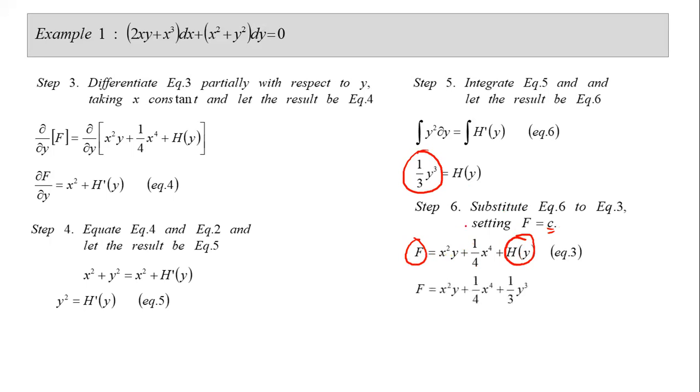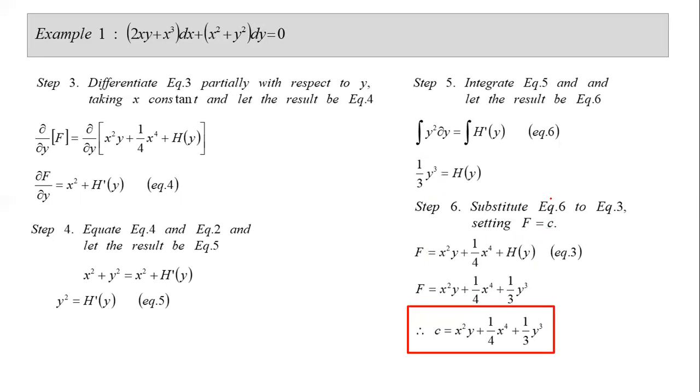So we have c is equal to x squared y plus 1/4 x to the 4 plus 1/3 y cubed. And that's the general solution of this differential equation.